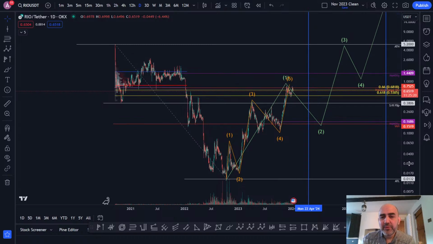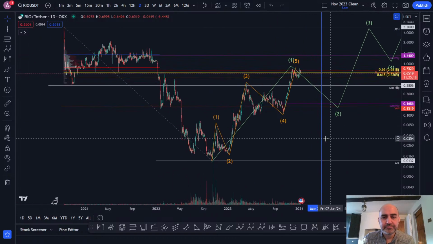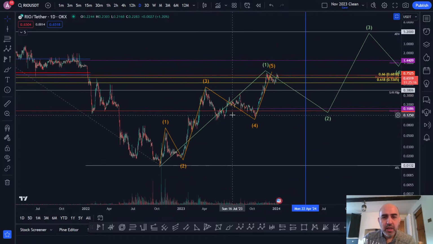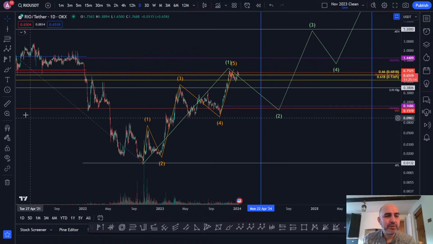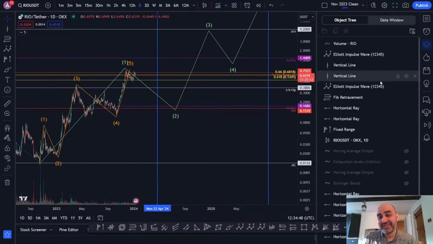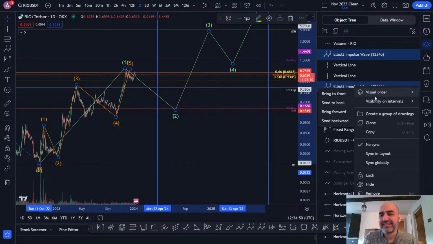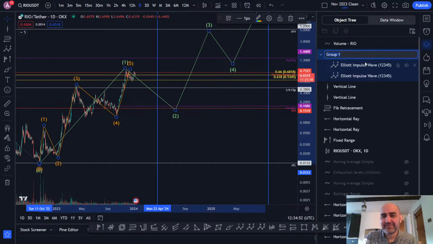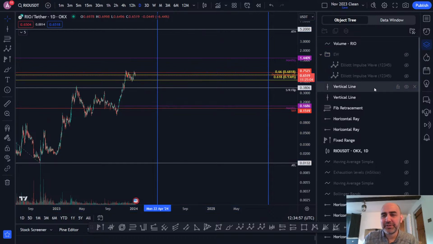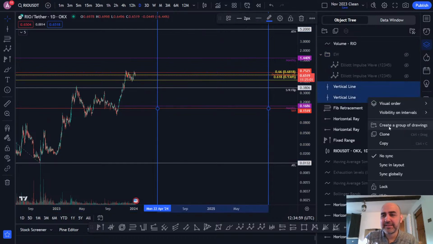And where would you want a good entry? Well, as low as possible. That's what you want. You want a good entry as low as possible.